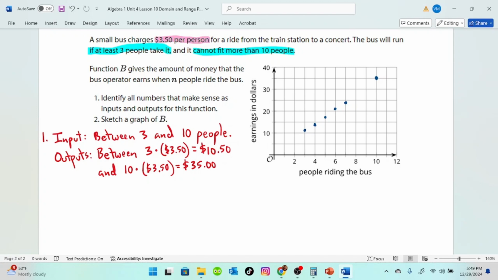Plus $3.50 is going to put us at $28. Plus $3.50 is going to put us at $31.50. And then finally, $35.